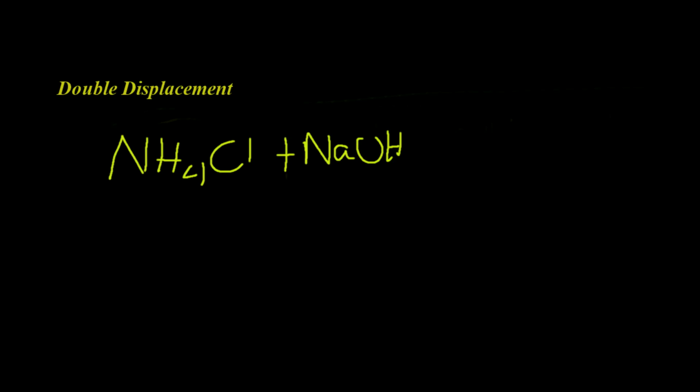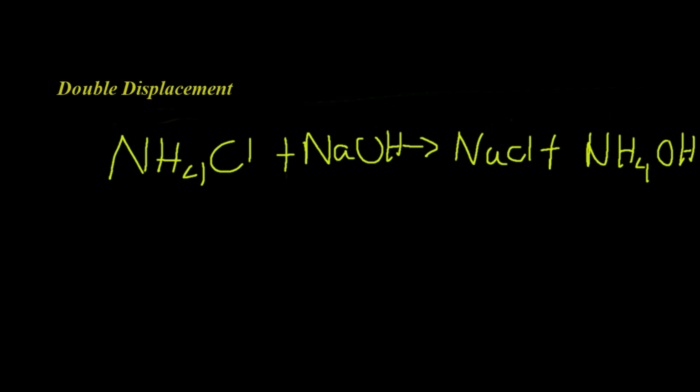And with sodium hydroxide, it's going to pretty much produce that Na is going to bind with Cl. So we have sodium chloride, and then pretty much when sodium chloride forms, it's going to be left with ammonium hydroxide. So we have NH4OH. And this is going to be the general sample reaction for a double displacement.